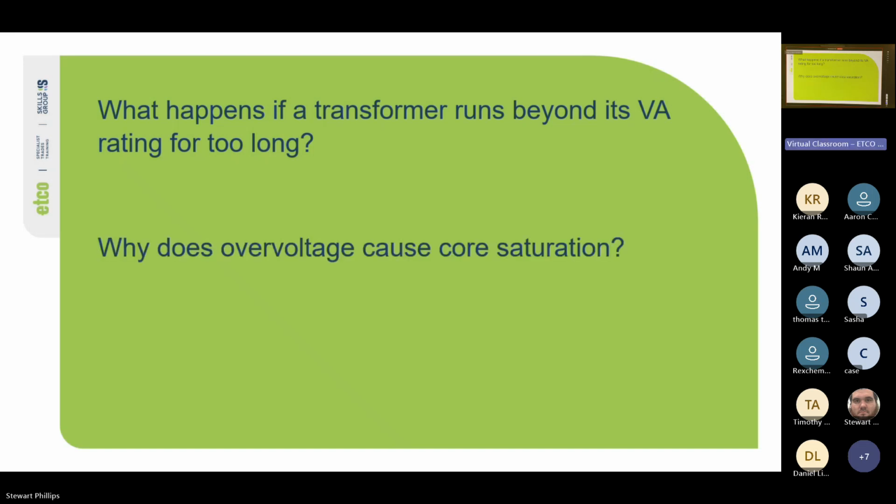Why does overvoltage cause core saturation? Yeah, it's above the design limitations, but why does that cause core saturation?